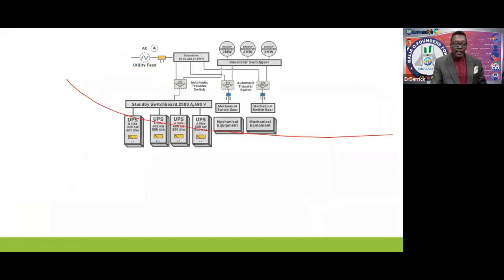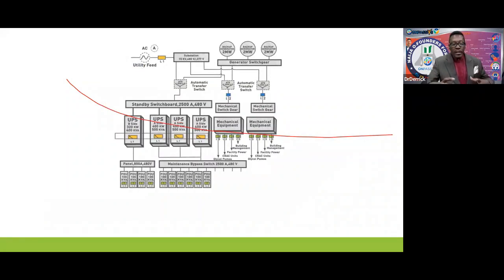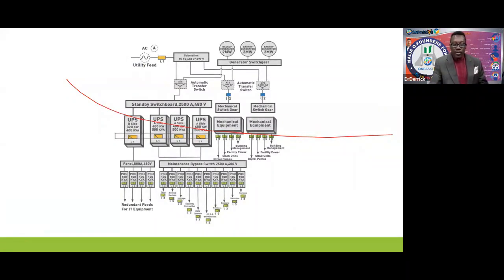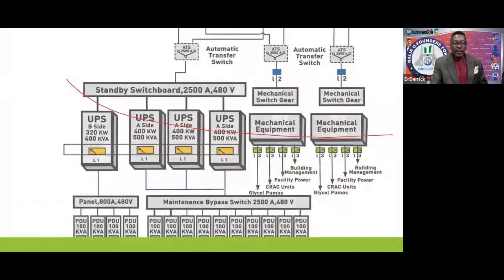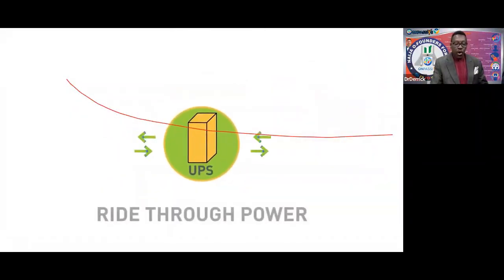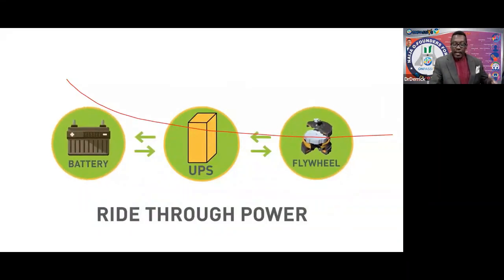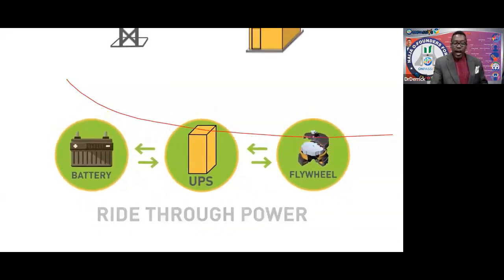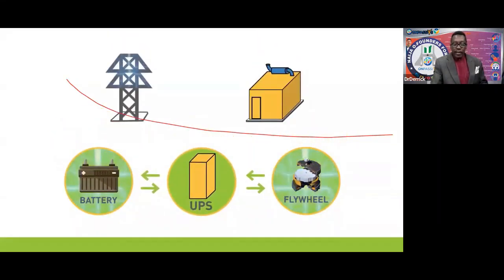And this is a diagram of how the UPS and also the PDU, which is a power distribution unit, work. The UPS, which is ride-through power, actually generates the power, whether by flywheel technology or by battery technology.